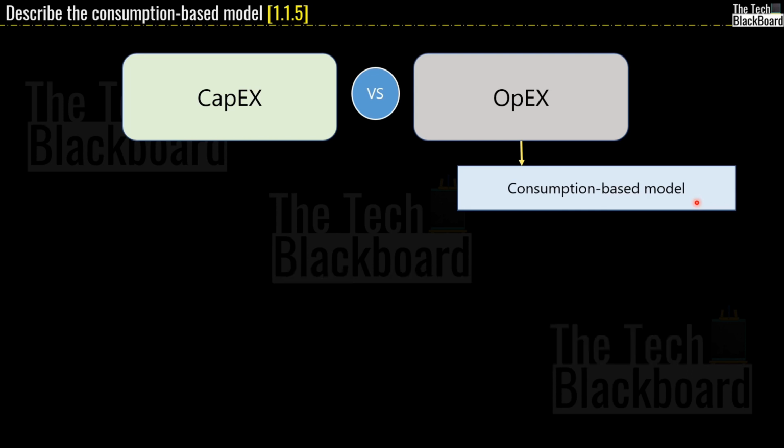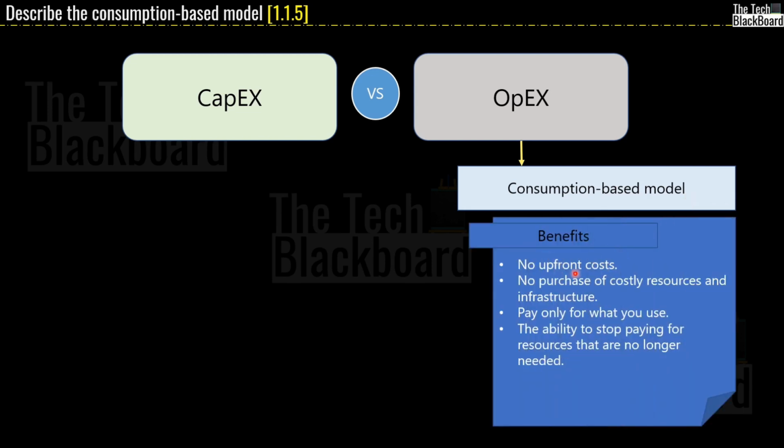So what are the benefits of the consumption-based model? Let's check them out. The first and foremost benefit of the consumption-based model is that there is no upfront cost. Secondly, you don't have to block a huge sum of money in buying costly resources and infrastructure. And thirdly, you only pay for what you use.